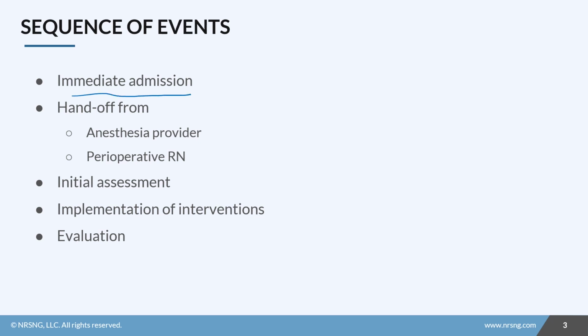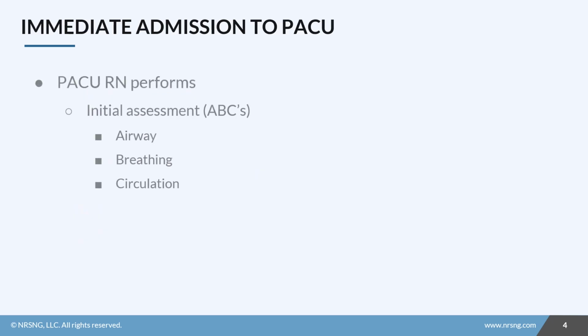A handoff from the anesthesia provider and the perioperative RN will give information to the PACU RN. A more thorough assessment will be completed along with implementation of interventions and an evaluation to prepare the patient for discharge. Okay, so let's take a closer look at the steps.